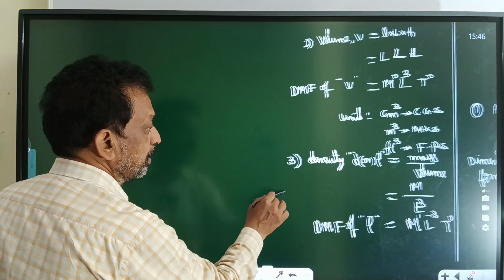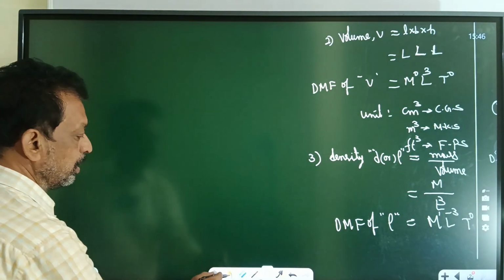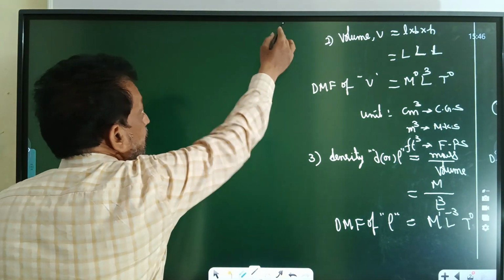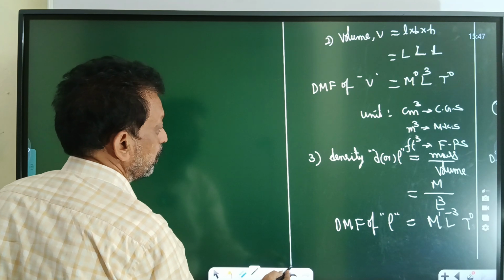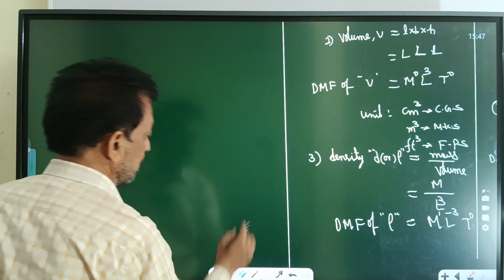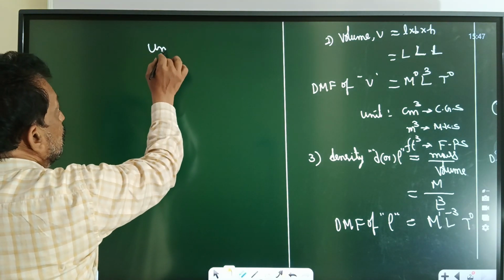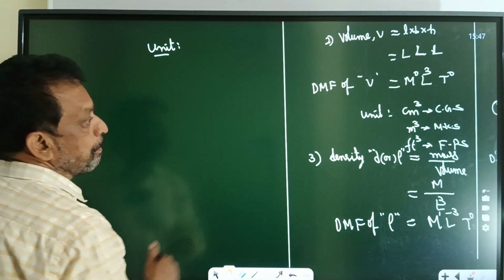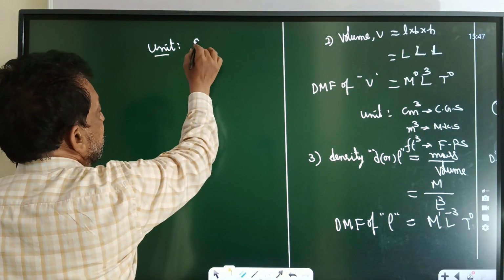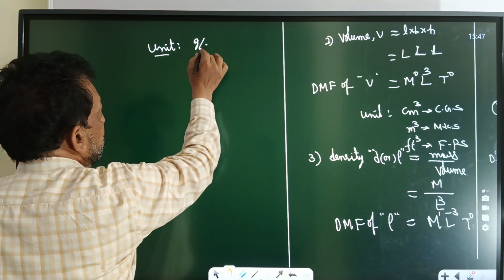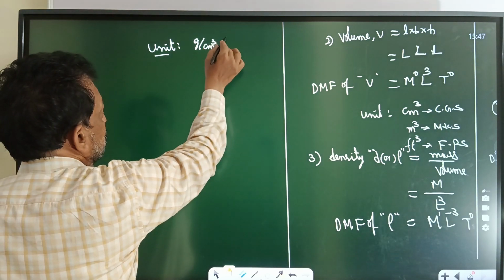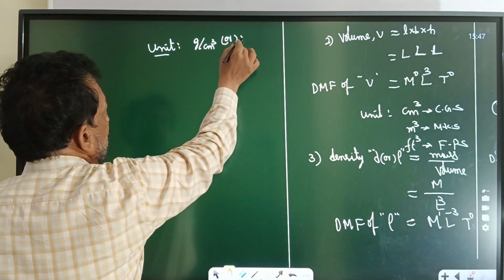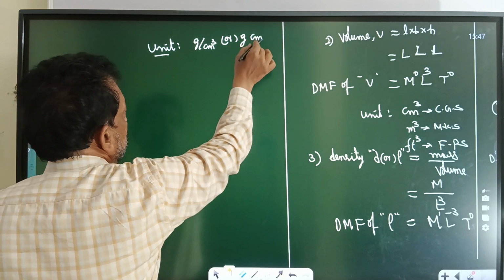Now you are going to write the unit. All of you write the unit. So what is the unit of this one? In CGS system, gram per centimeter cube or gram centimeter to the power minus 3.